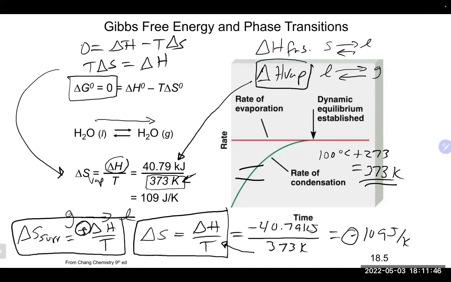This one does not have the negative sign because it is derived from this equation. So it's very common people do this type of calculation and want to throw the negative sign in there because they seem to remember an equation that had the negative sign, and that is the one. So don't mix these two up. If you're just doing surroundings, you should have the negative sign. The other one will not have the negative sign because it is derived from this Gibbs free energy equation. Any questions on that there?